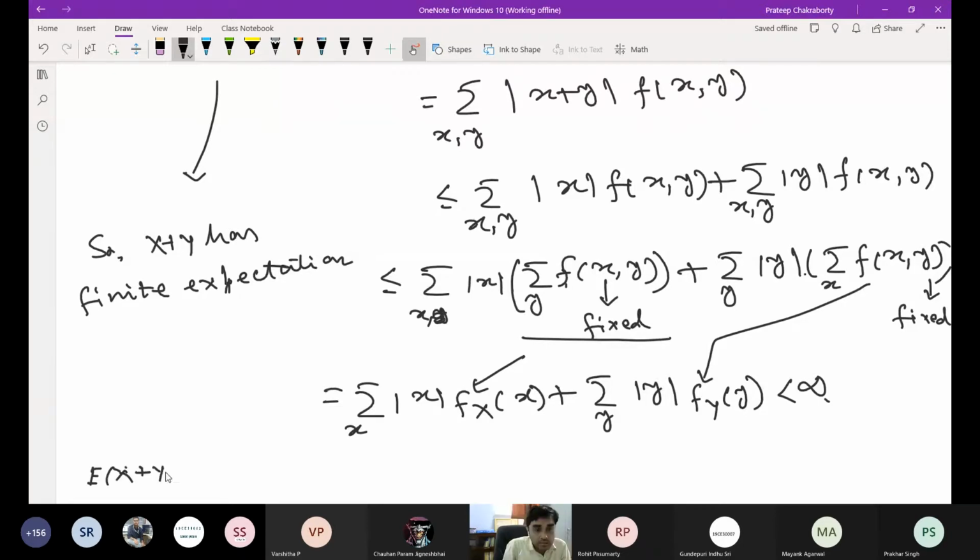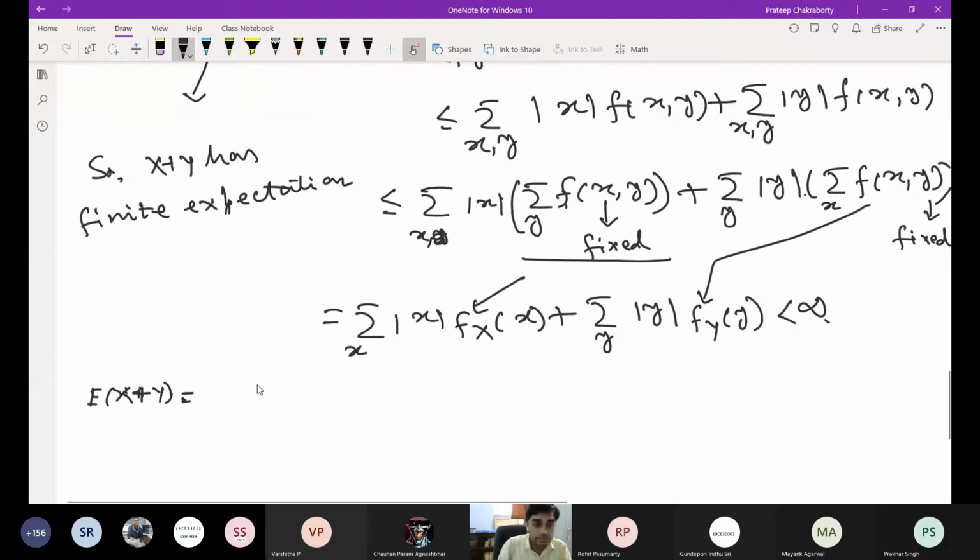Plus y. Okay, and if you don't understand this, it's okay because we'll discuss this in detail when we discuss multivariate distributions.